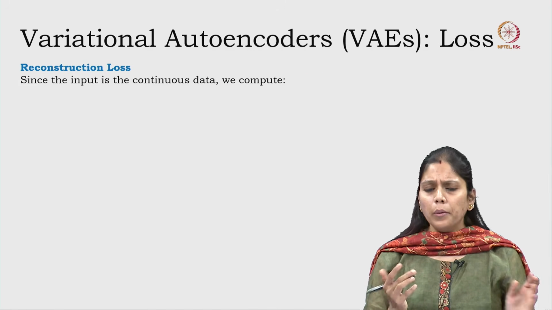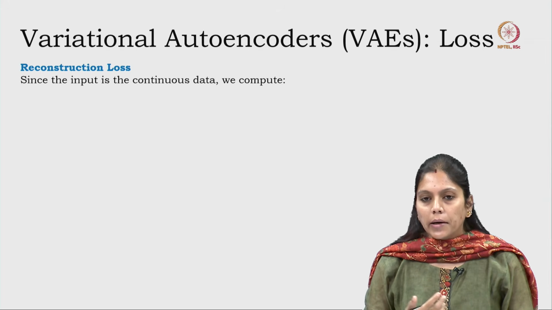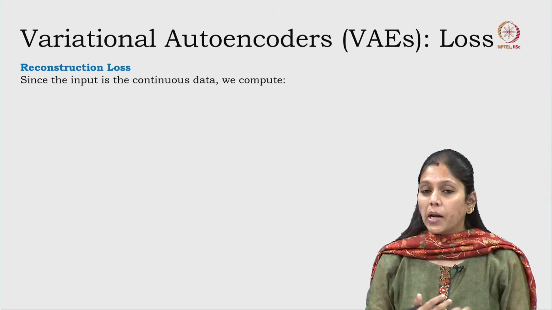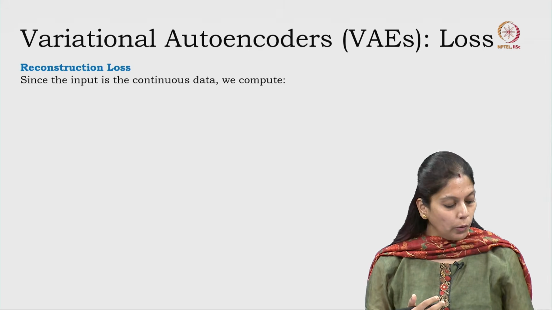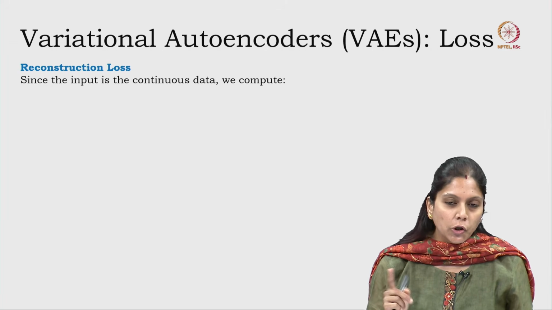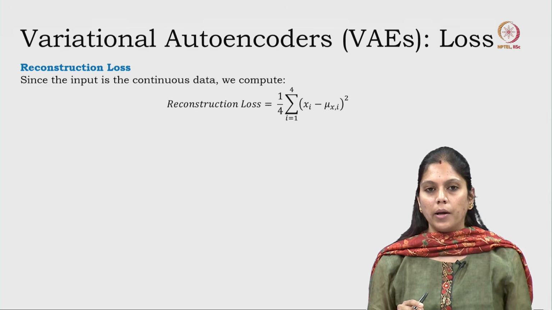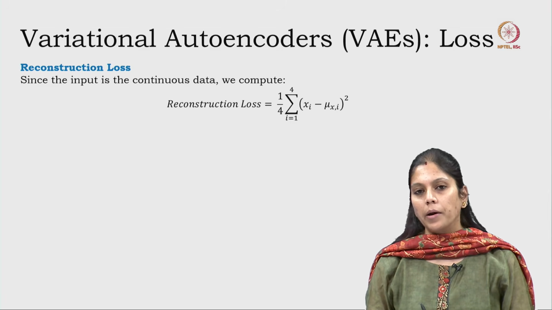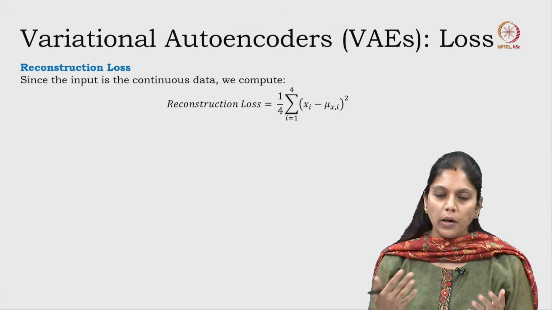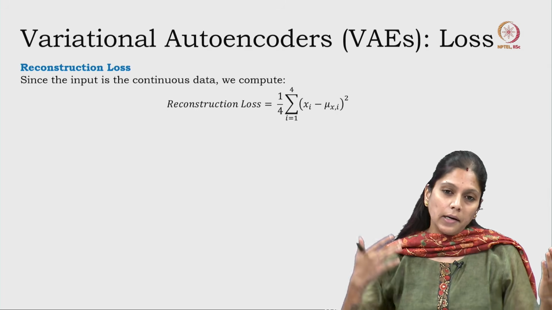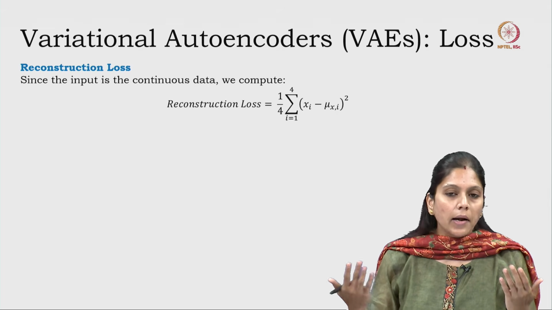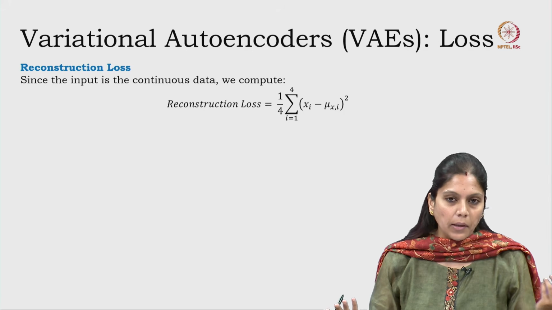What is the next step? You have to calculate the loss. Because we have considered continuous values, the loss term should be the mean squared error. The mean squared error compares x and x hat, and here x hat is nothing but the mean value.